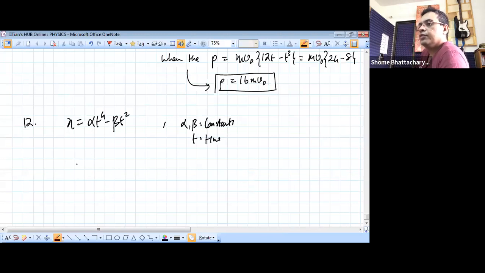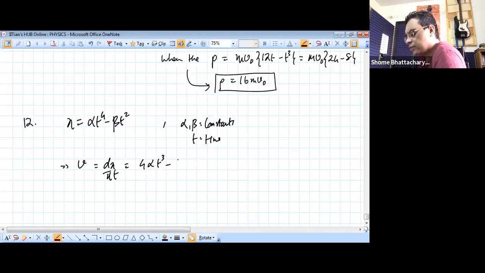Okay. So its velocity along the x-axis will become dx by dt. So differentiate this. So that is 4 alpha t cube minus 3 beta t square.